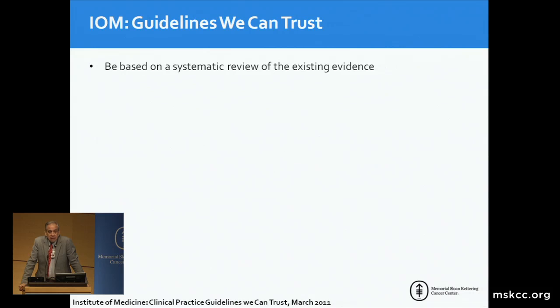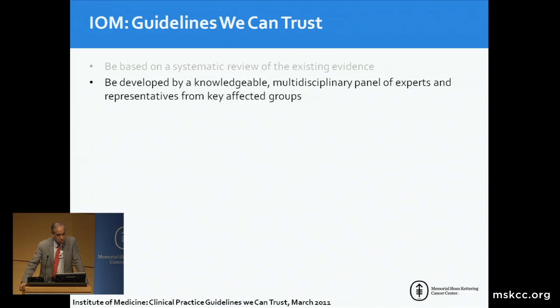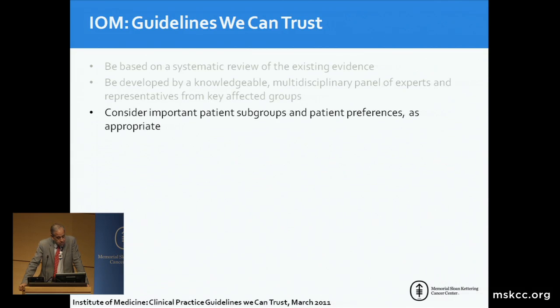But importantly, they wanted it to be based on systematic review of existing literature, and certainly no one would disagree with that. Be developed by a knowledgeable, multidisciplinary panel of experts and representatives from key affected groups.